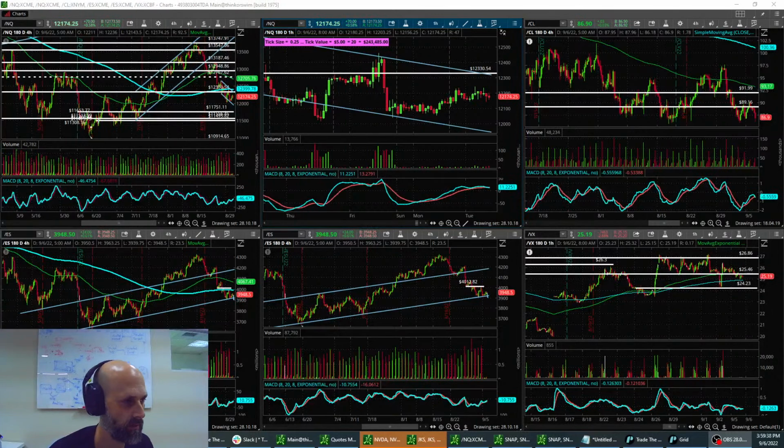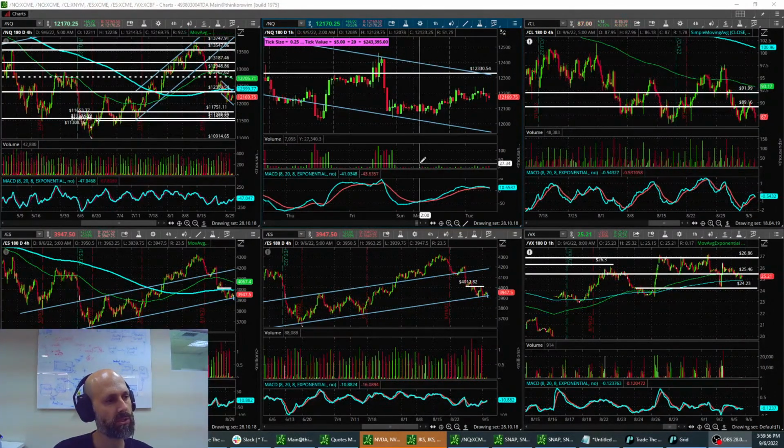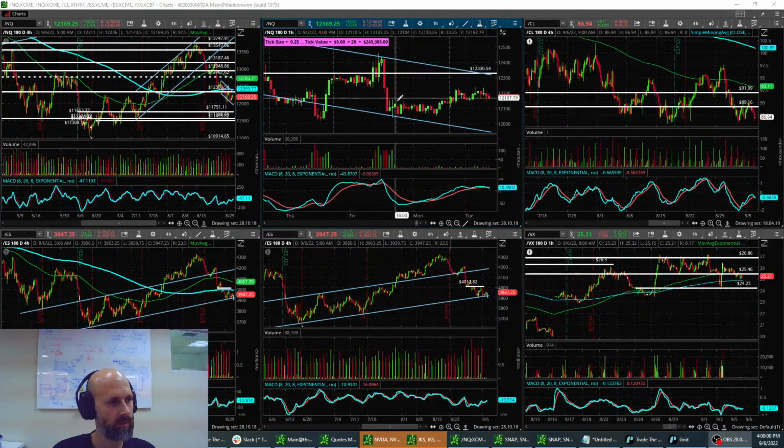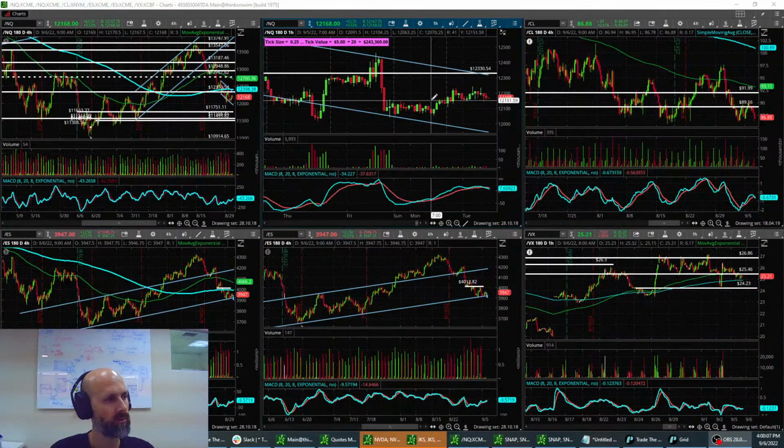So maybe it will give us a nice move today to the upside or downside. Yesterday the futures were pretty flat, went up a little bit, but nothing serious. This is why you see the volume is much lower when the stock market is closed. Although futures are open, they usually won't go too strong to either side.